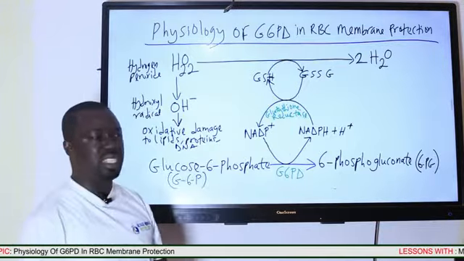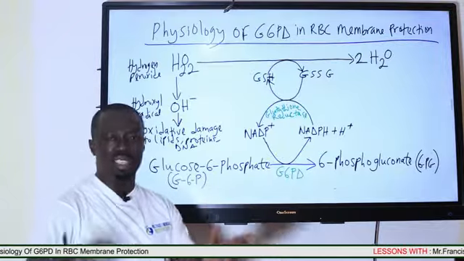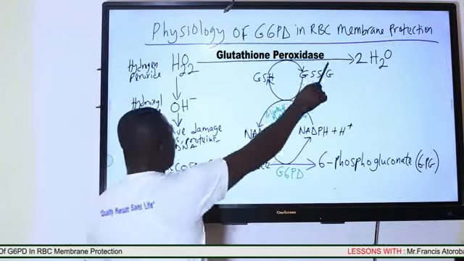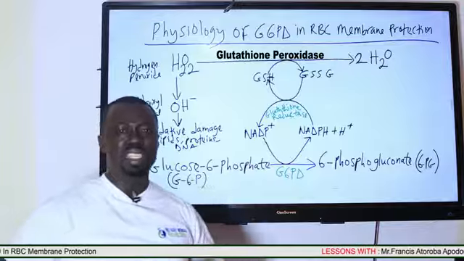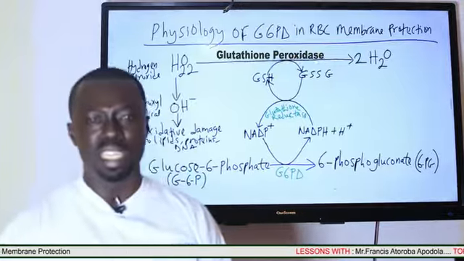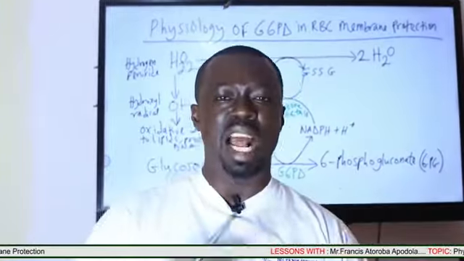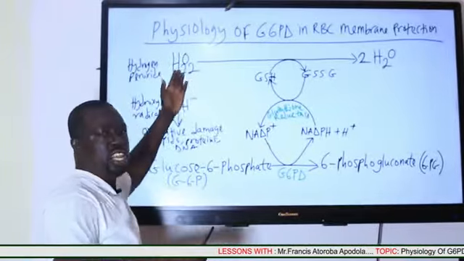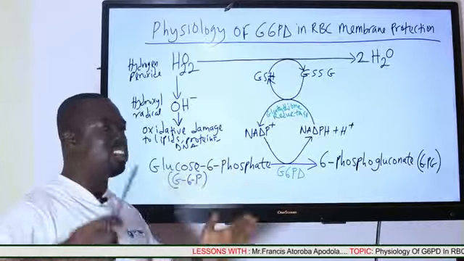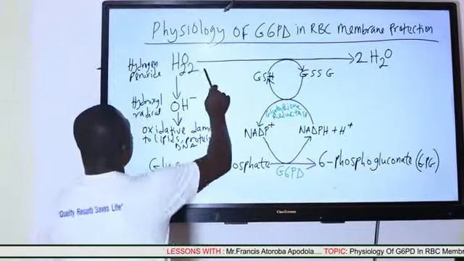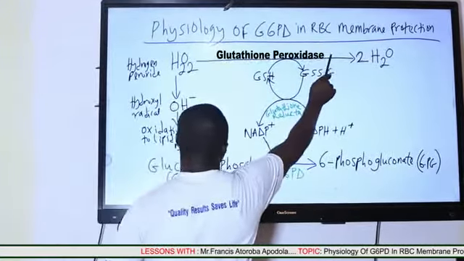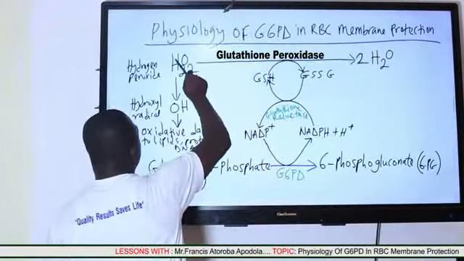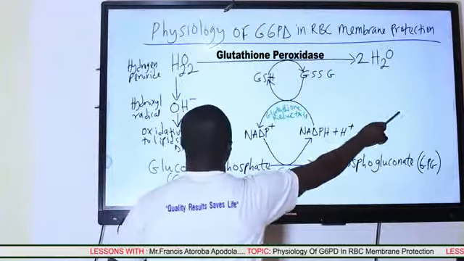And this happens under the influence of the enzyme known as glutathione peroxidase. As the name implies, a peroxidase is an enzyme that acts on peroxides, and the reactive oxygen species is hydrogen peroxide. So the glutathione peroxidase here converts the hydrogen peroxide to water.